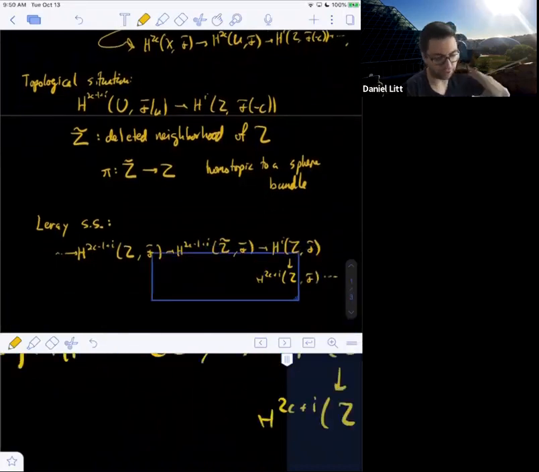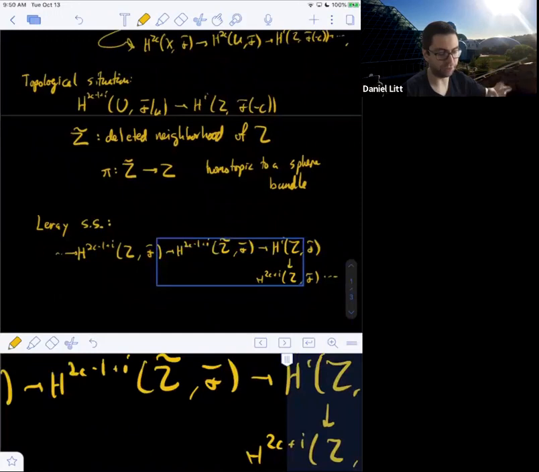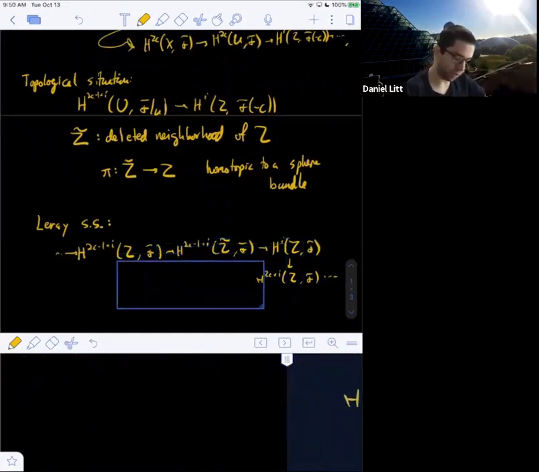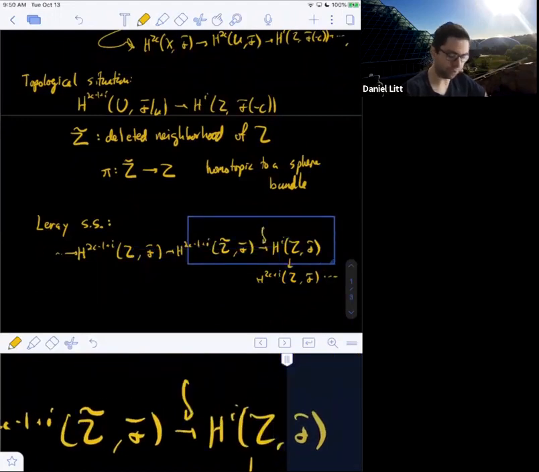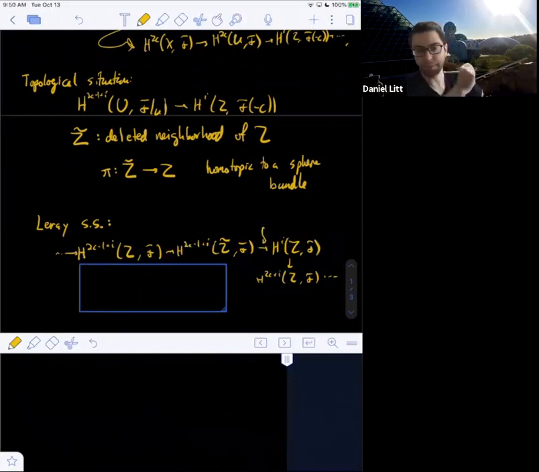Here, this really requires that F be defined on all of X, not just on U. And what is this map? This map is one of the differentials from the Leray spectral sequence.